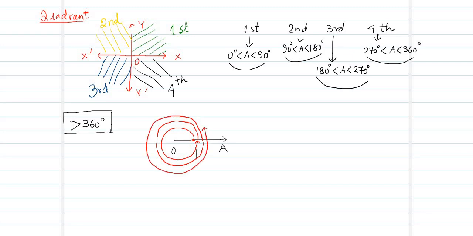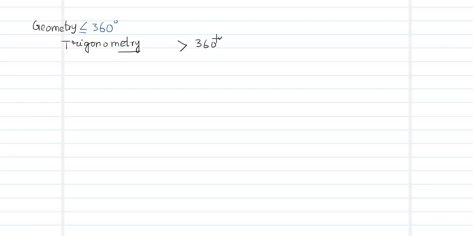So in this way it will move on. The angles in geometry are of measure maximum 360 degree, so we can write less than or equal to 360 degree, and that is for geometry. Now this is not the case in trigonometry, because in trigonometry the angles can be of measure more than 360 degree also.